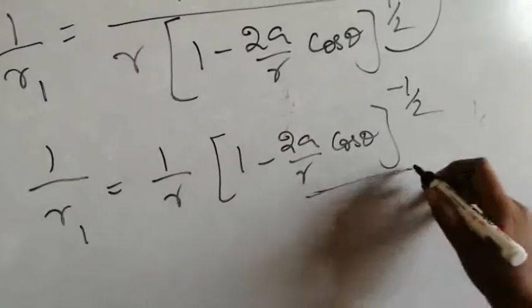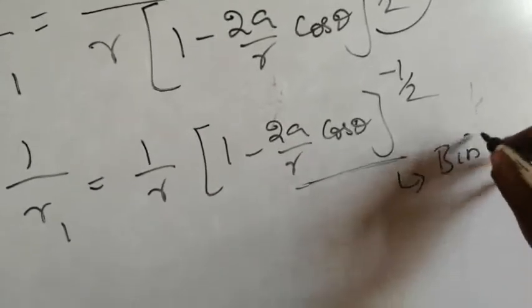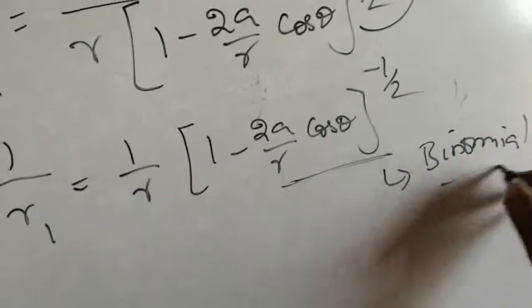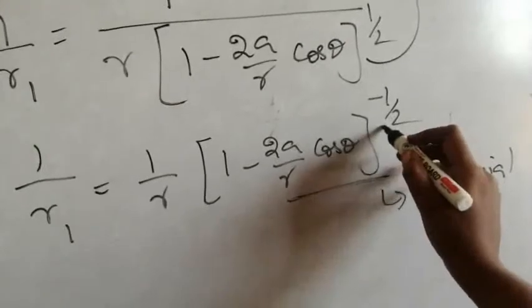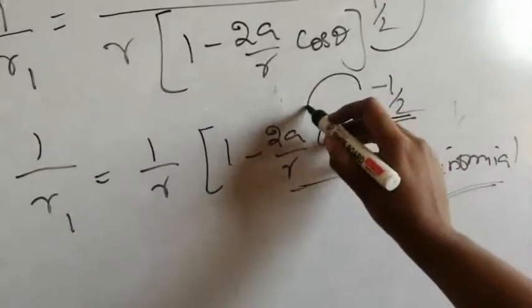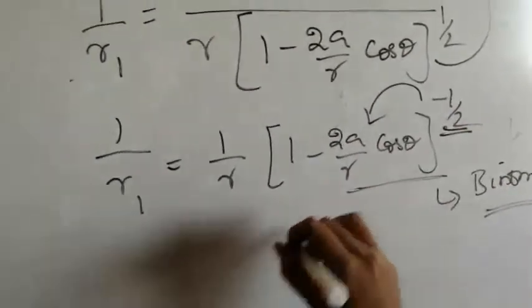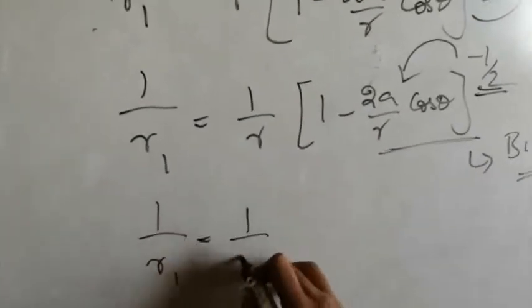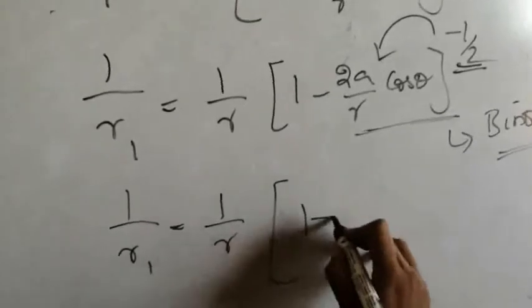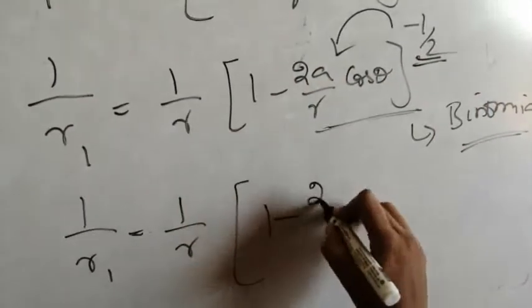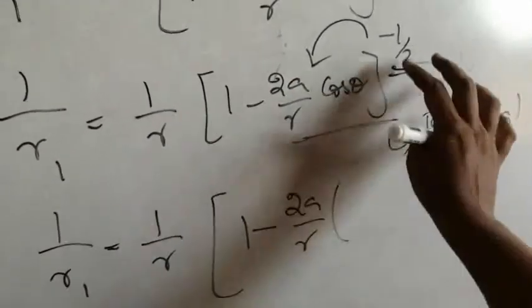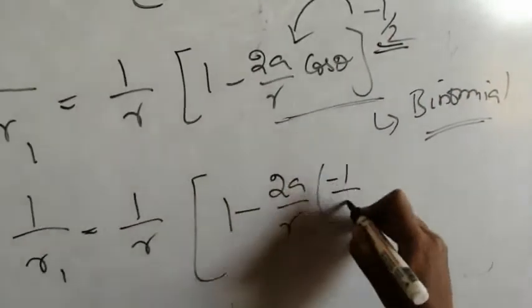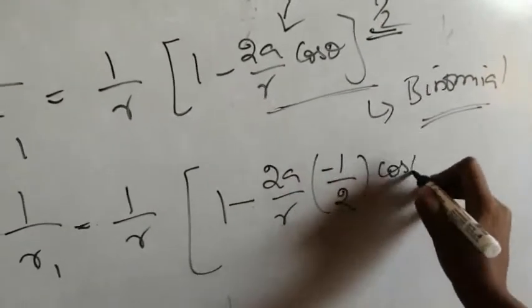So now for this term I am going to write it as the binomial. I am going to use the binomial theorem. So for that you have to just multiply this term with the power of the second term. So it is 1 by r1 equal to 1 by r into 1 minus 2a by r into this power minus 1 by 2 into cos theta.